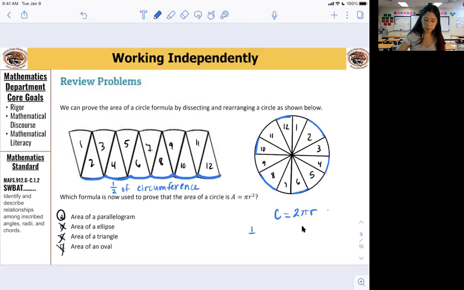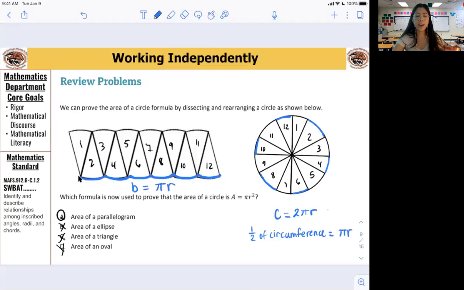So what would be the formula for 1/2 of the circumference? Pi r. Just 1 pi r, yeah. Just pi r. So that means that the base of my parallelogram is pi r. Just pi r, because it's half of the circumference. The other half is up here.